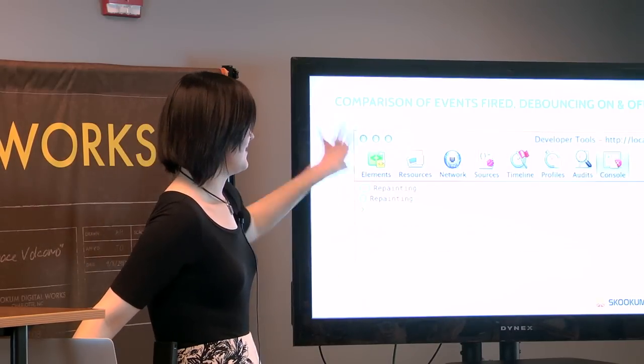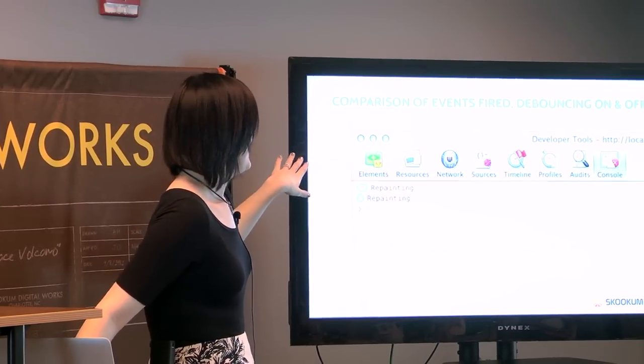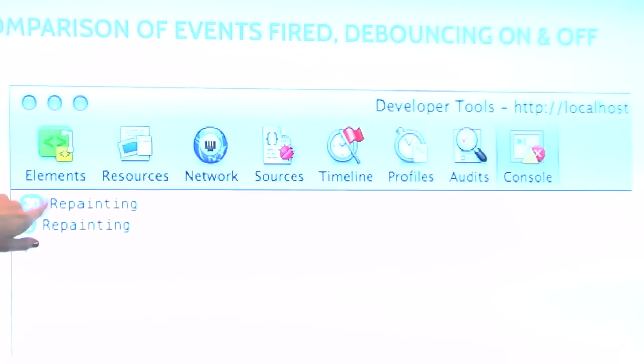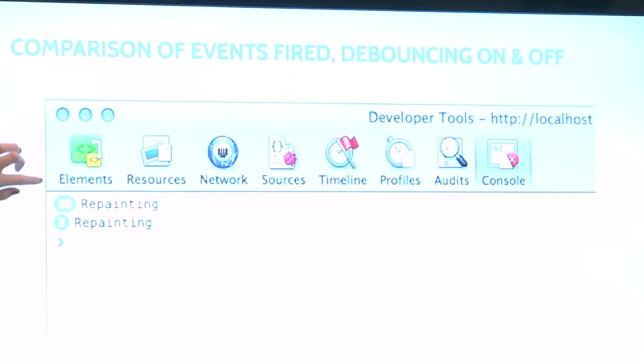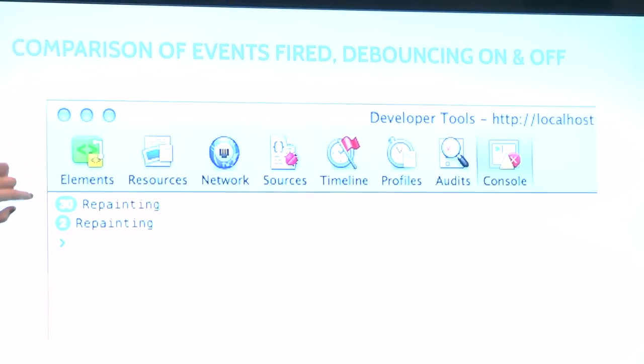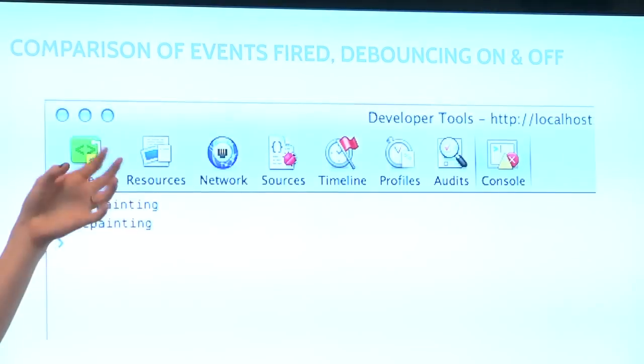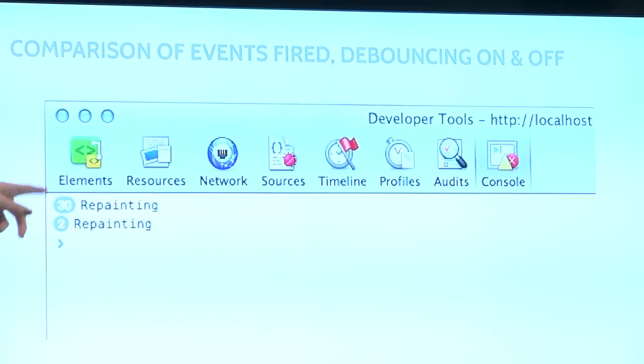This is really pixelated, I'm sorry, but these are just log statements. When I had the debouncing off and I just resized the window, a really small resize, it ran my function 30 times. And with it debounced, it ran it twice.